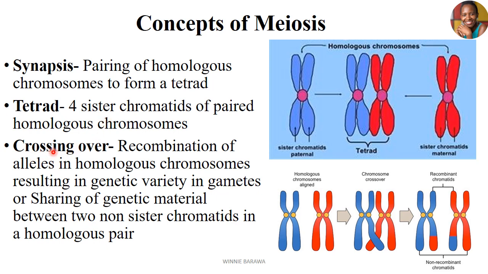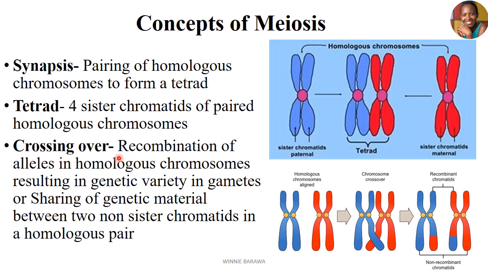And then you have a process called crossing over. Crossing over is the state whereby we can have, at some time, a recombination of the alleles in our homologous chromosome. An allele is a section of the chromosome that carries our genetic composition or our genetic characteristics.